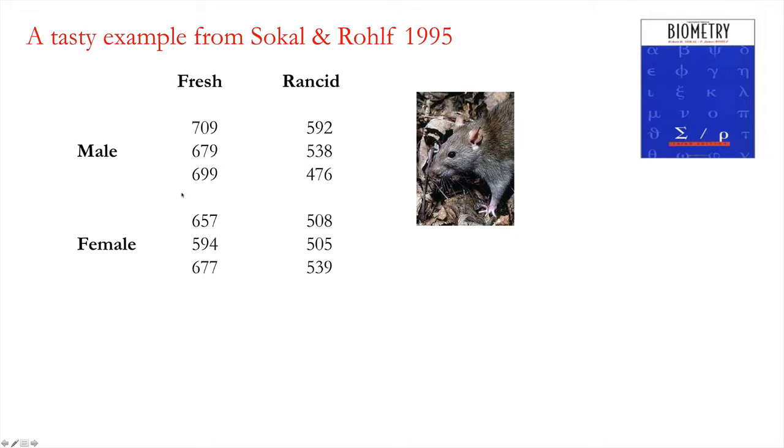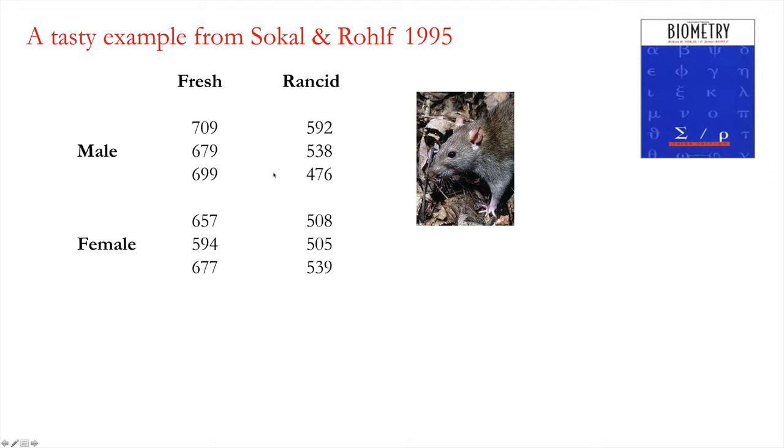And what we can see here is that we've got a factorial design and that we're interested in looking at the sex of the rat, but we're also interested in looking at the state of lard. And we can examine sex and lard and their interaction if we apply the appropriate model.